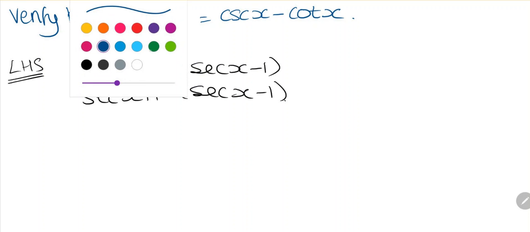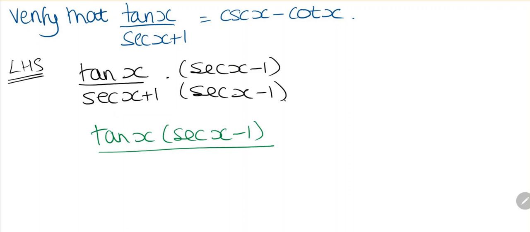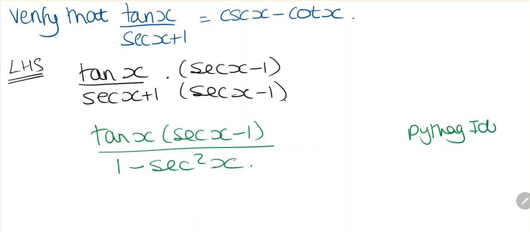If we multiply those out, I'm just going to leave the top as it is for a second, and on the bottom this is going to become 1 minus secant squared of x. Our Pythagorean identities tell us that 1 minus secant squared x is equal to tan squared x.